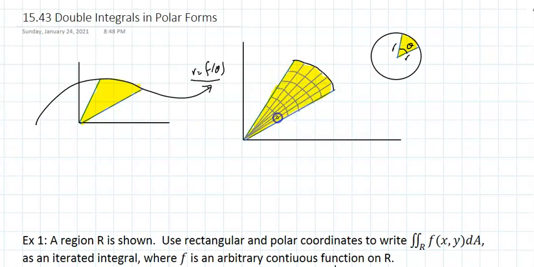Remember, polar runs in circles, right? You rotate and you run toward or away from.